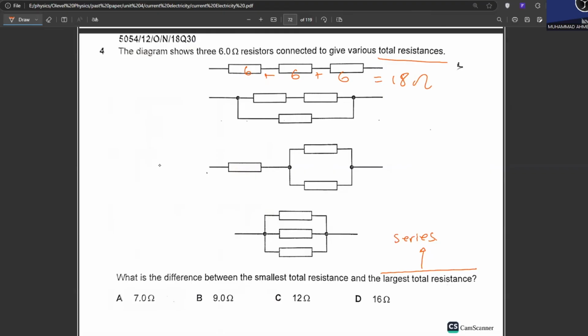And the smallest possible resistance comes when all the resistors are connected in parallel. 1 over 6 plus 1 over 6 plus 1 over 6 is equal to 1 over RT. Your total resistance is 2 ohms. The smallest resistance occurs when all of them are connected in parallel, the largest when all are connected in series. 18 minus 2, the difference is 16 ohms.